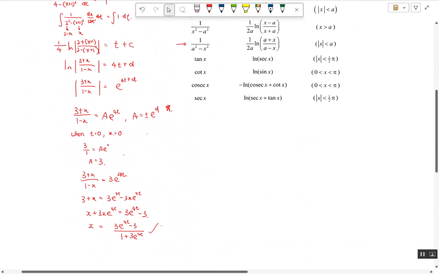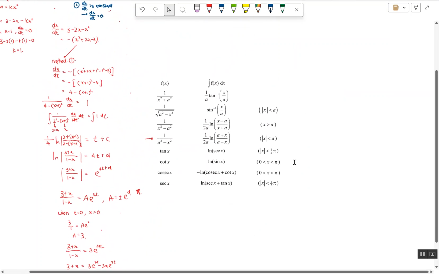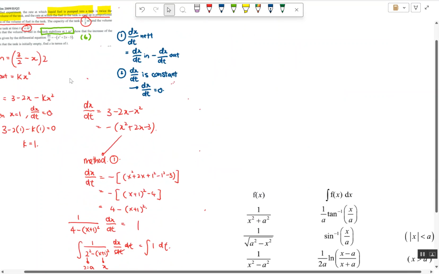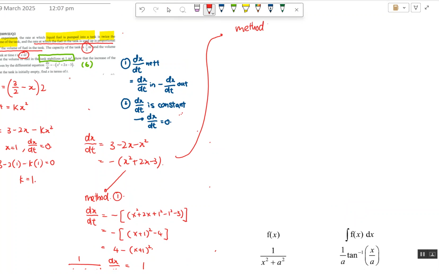Okay, but if you do it another way, which is called method 2, and you can identify that the quadratic can be factorized, then I feel that method 2 is a better way for you, because it's easier. dx/dt is equal to 3 minus 2x minus x squared.